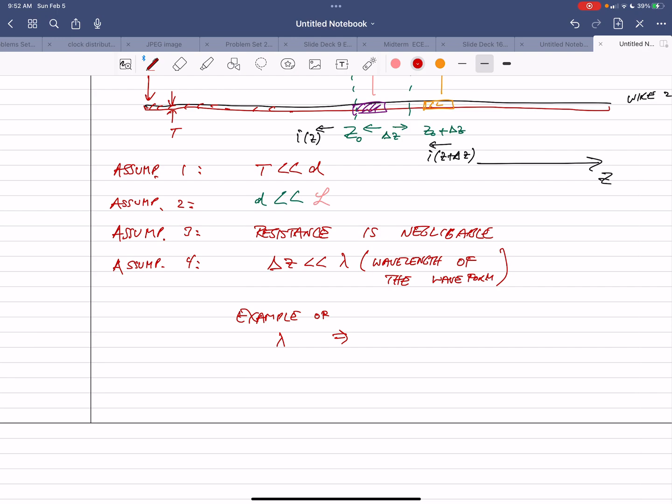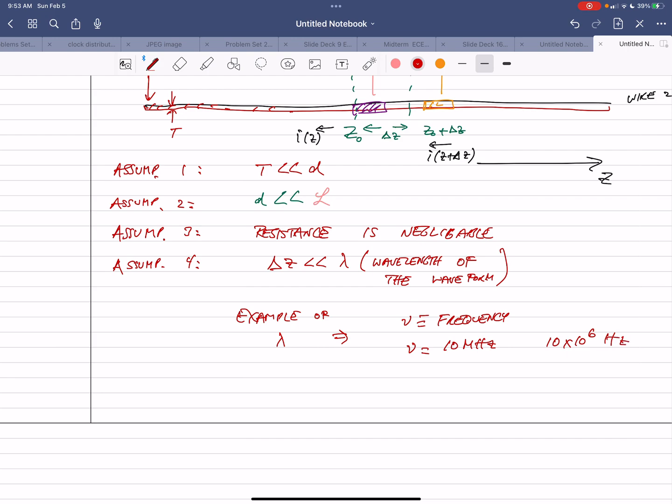Let's say the frequency, nu, the frequency of the signal that you're looking at, is in this example 10 megahertz. So that's 10 times 10 to the 6th hertz.